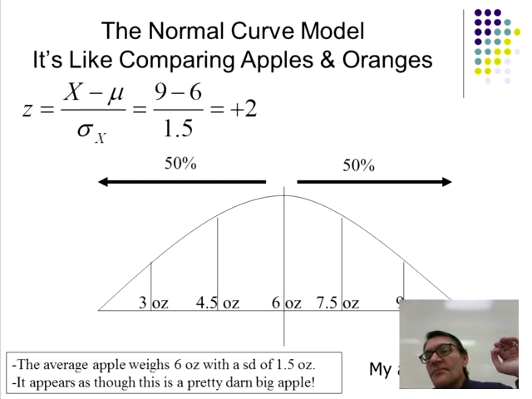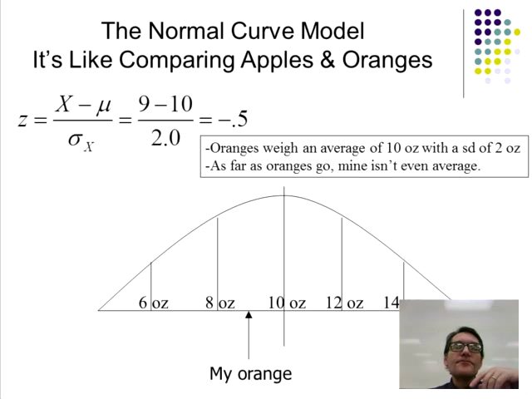Let's take a look at this orange. Oranges weigh an average of 10 ounces with a standard deviation of 2 ounces. Again, we're going to take the pieces of information and put them into the equation. My orange that I picked was 9 ounces minus the average weight of oranges, which is 10, divided by the standard deviation, which is 2, and you get a negative 0.5.